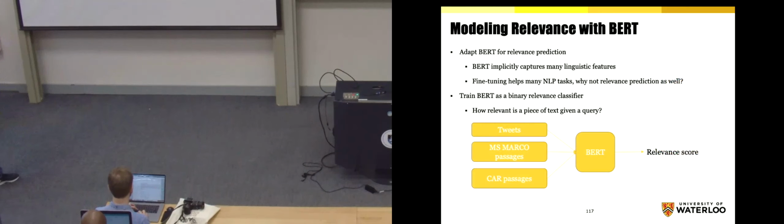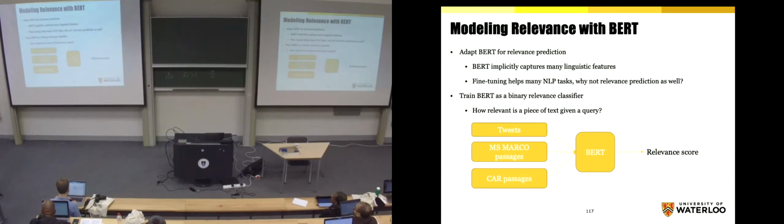This is, like I said, at the end of the lab, you'll get to this. We're going to adapt BERT. I said it works with many NLP tasks. We're going to fine-tune it to predict document relevance. It's a huge model, trained on Wikipedia, basically.